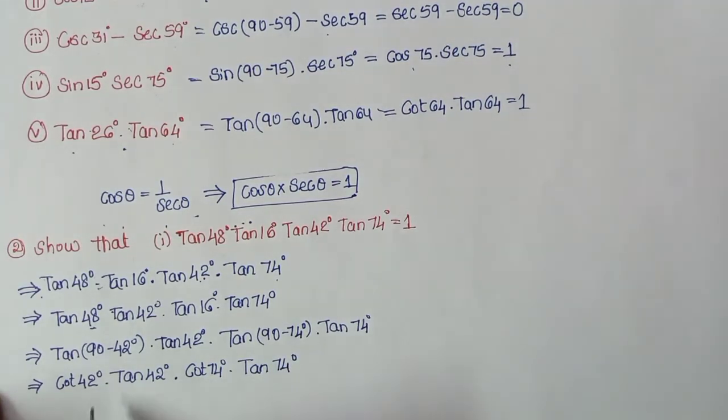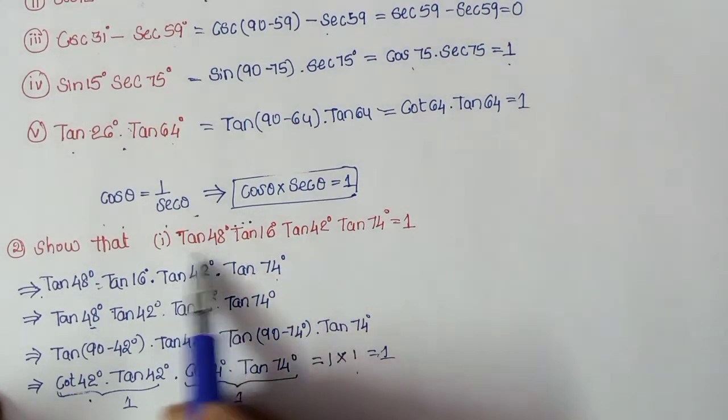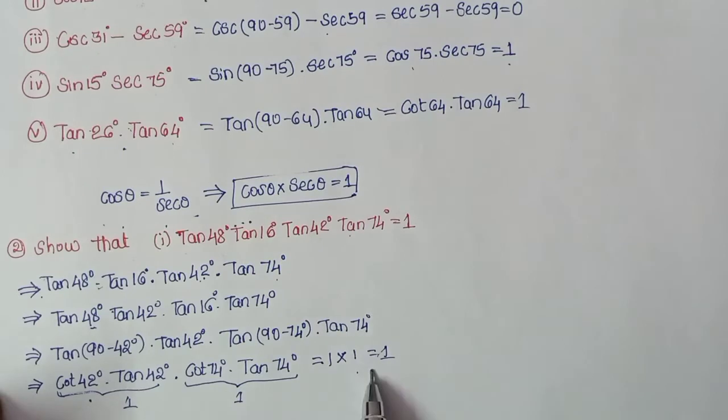Here cot theta into tan theta is a reciprocal relationship, so this value is 1, and this value is also 1. That means it equals 1 into 1, which is equal to 1. So we have shown this value is equal to 1. This is the solution for this problem.